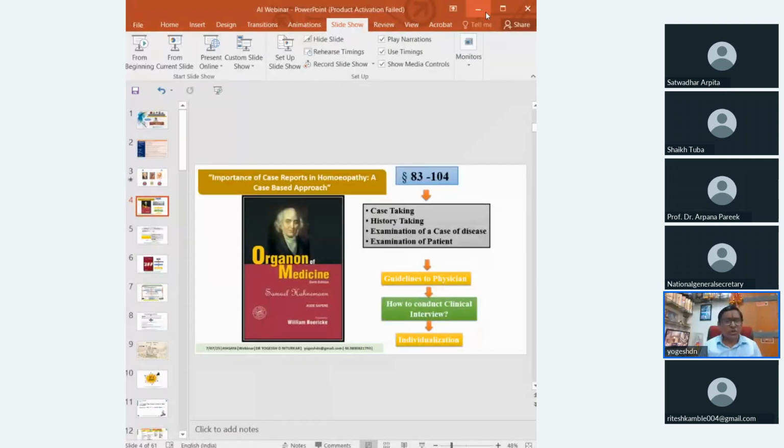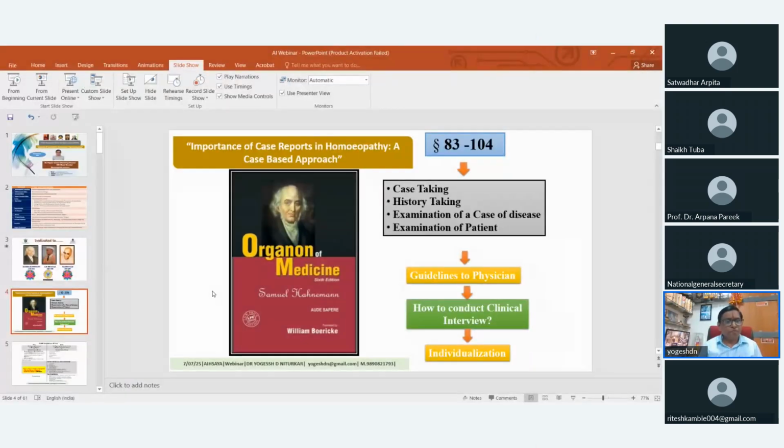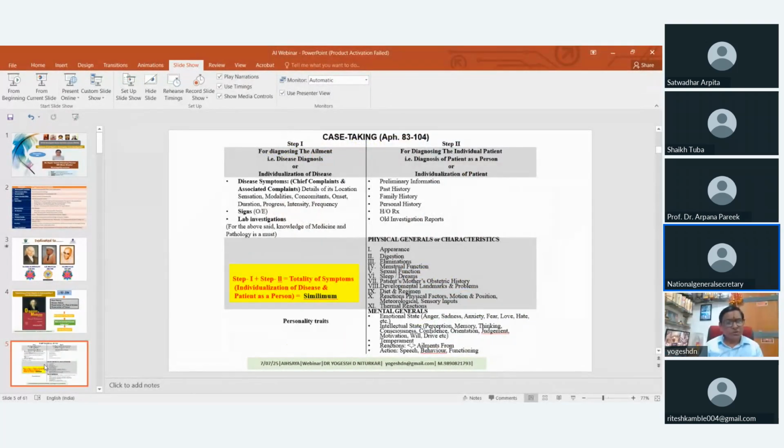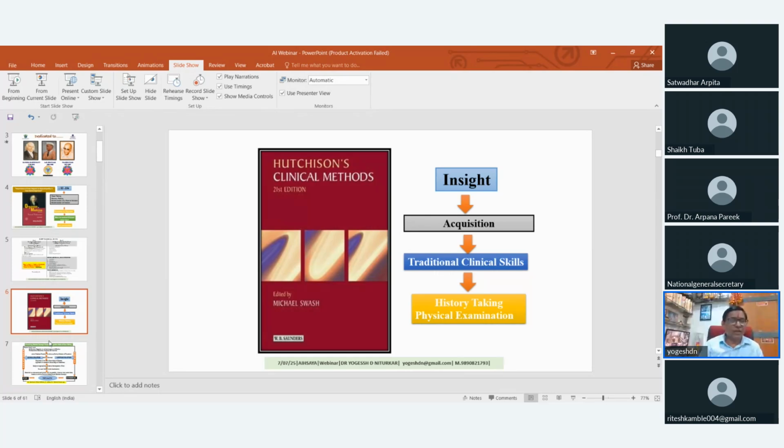So the screen is visible now? Screen is visible, sir, but the slides are moving slow due to the technical issue. Okay, now this is visible. The Organon of Medicine book slide is visible, sir. Then I will move to the next slide.